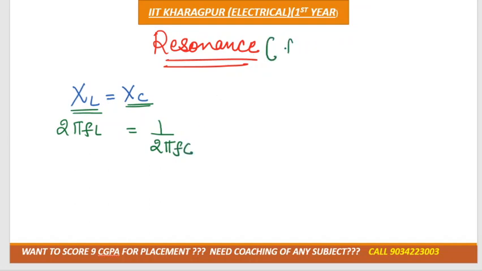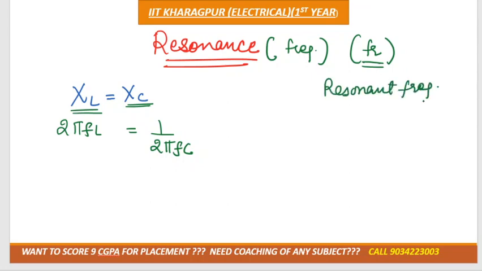But in resonance, the frequency is different from the normal frequency. That's why its frequency is denoted by FR. FR means the resonant frequency. Okay, so I'll denote it by FR and FR over here.